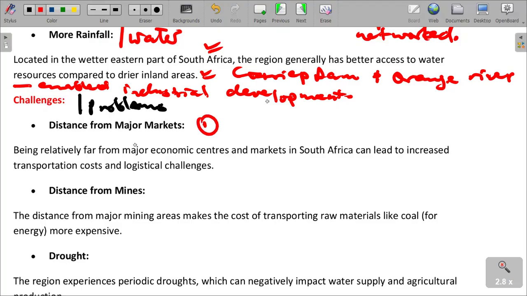Being relatively far from major economic centers and markets in South Africa can lead to increased transportation costs and logistical challenges. So therefore, this reduces economic profits for businesses.